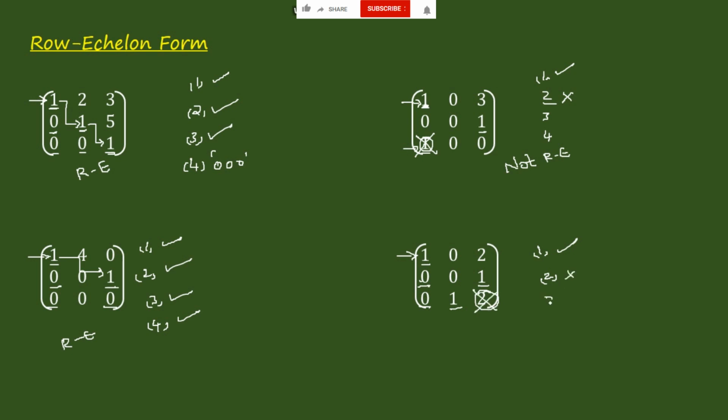Let us check the third one also. What is the third one? The leading one should be at the right of the one above it, right? It is at the right. But this one is not at the right. It is at the left, right? The third one also does not get satisfied. So it is not in a row echelon form. Okay.